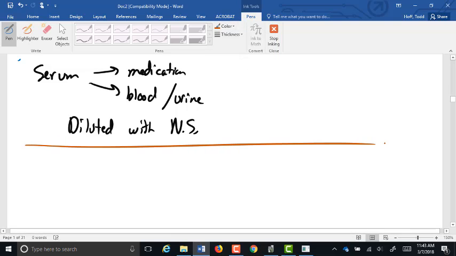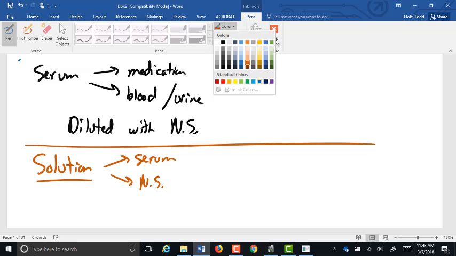Well, today what we're going to look at is what if we have a solution? Remember that solution is already a mixture of some sort of serum and a diluent of water.